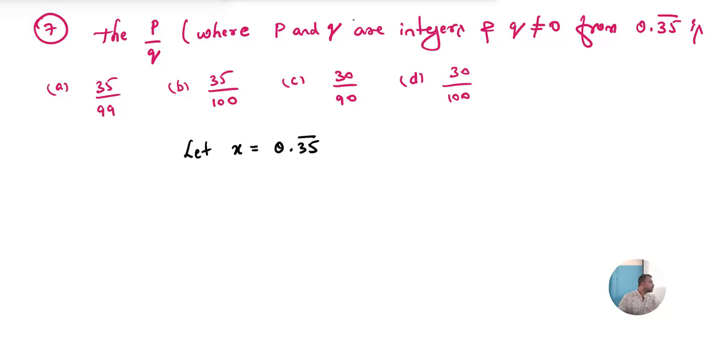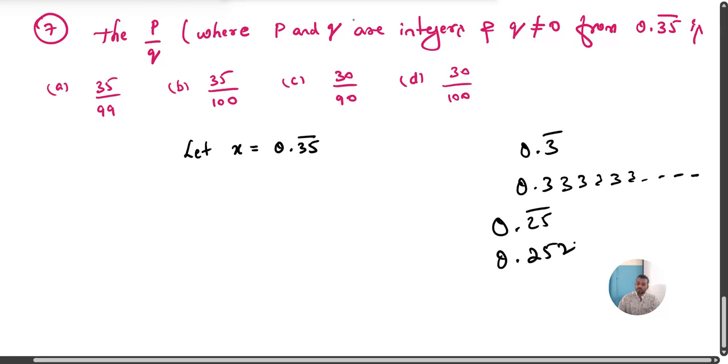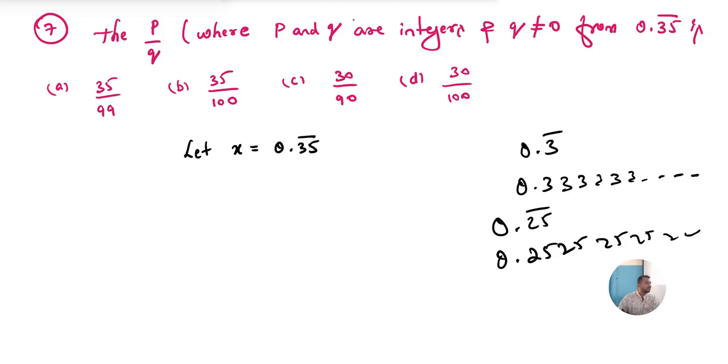Understood? Yes, look, 0.3 bar, what do you mean by bar? This bar says that this digit is repeating many times. If I write 0.25 bar, it means 0.25, 25, 25, 25, 25. This 25 is repeating n number of times.